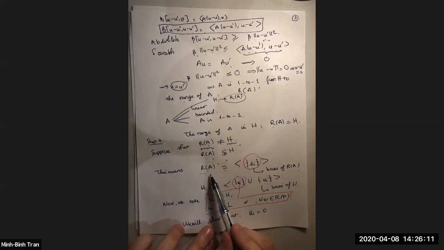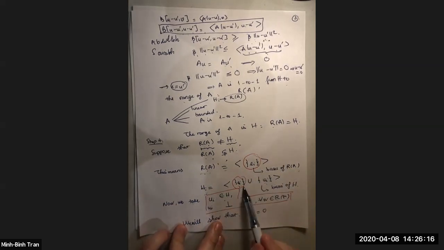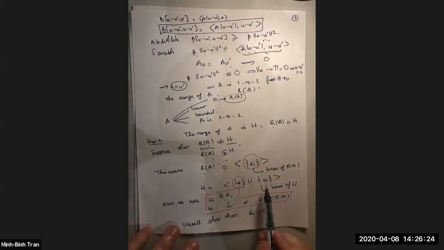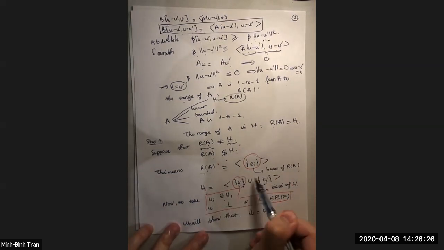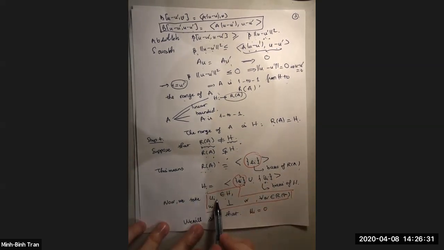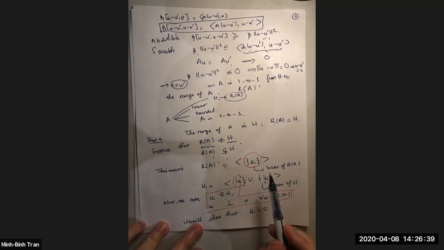So which means that this vector space will be the expansion of a basis, and H will be the expansion of the same basis with some other elements, I mean some other basis, right? So of course this UI has to be orthogonal to all of the EI because they are the basis, right? So now I'm gonna pick this UI, and I'm gonna show that because UI is orthogonal to all of the other guys in A, it has to be 0, right? Any questions? It's clear, right?